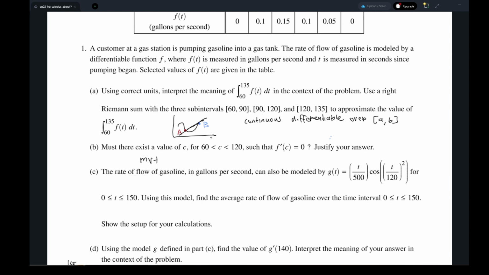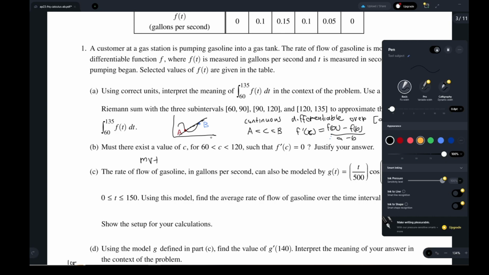So including these 2 points, then there's going to be some value in between a and b, where the slope is going to equal that slope between a, b, or f prime of c is equal to the slope from a to b. So f of a minus f of b over a minus b.